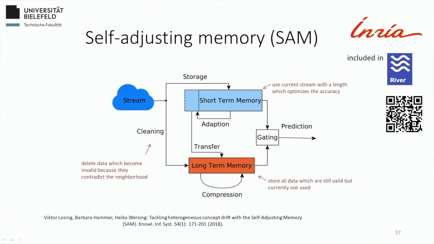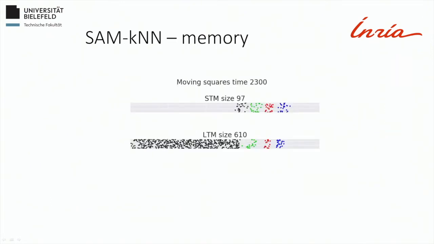And instead of explaining this to you in detail, which is a bit lengthy, I show you how this model would set up the memories automatically if it is fed with a two-dimensional distribution which changes. So you have here 4 classes, black, green, red, blue, and they are moving from left to right. What you see here is the points the model saves in the short-term as well as long-term memory.